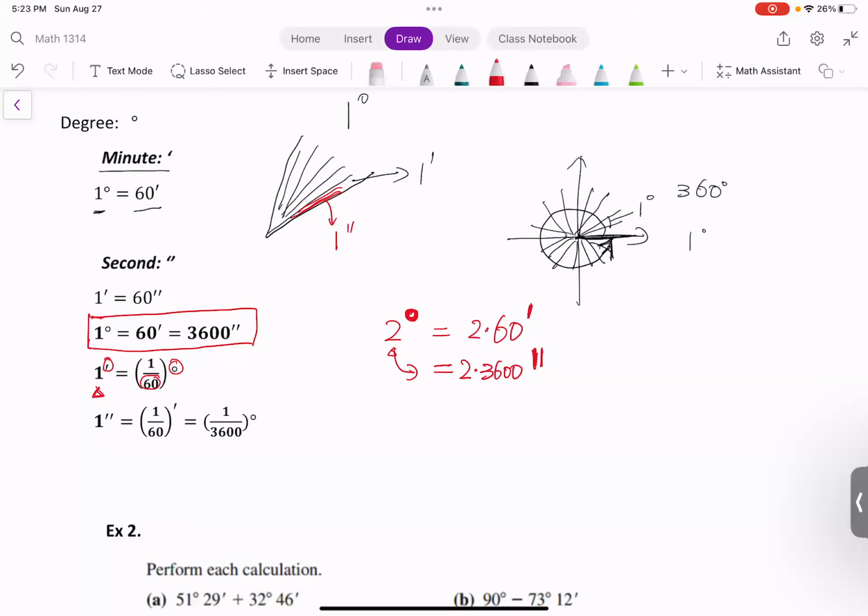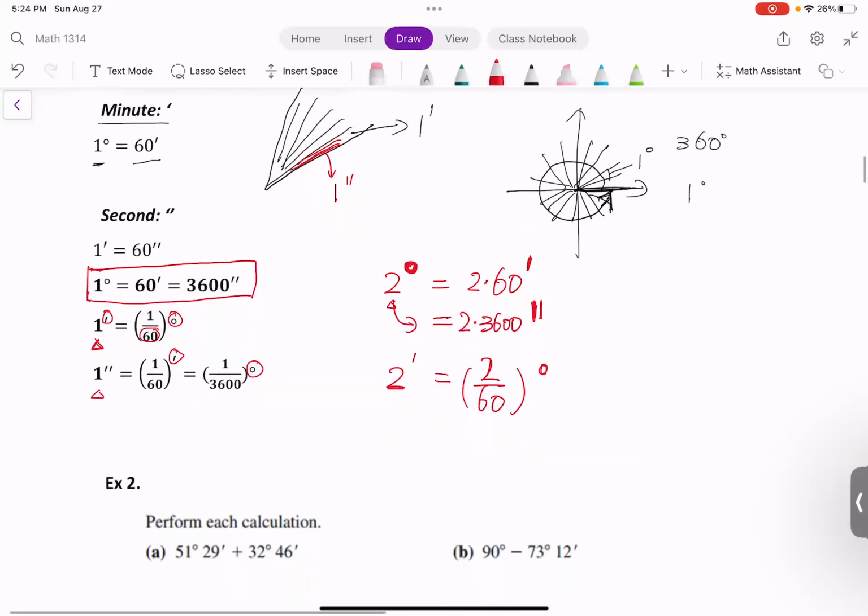For example, if I have 2 minutes and I need to convert it to degree, the 2 needs to be divided by 60, and then that's the degree. How about 1 second? 1 second converted to a slightly bigger unit, I need to divide by 60. To convert it to the big unit, degree, I need to divide it by 3,600.